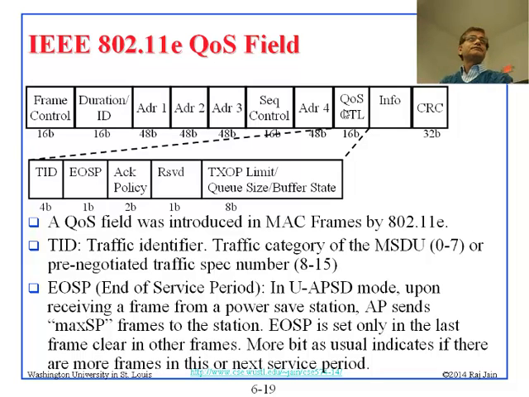Can you give an example of what one would be? Okay, so the traffic spec comes from the IETF. The IETF has developed a set of specifications where you have to tell what your leaky bucket size is and things like that.